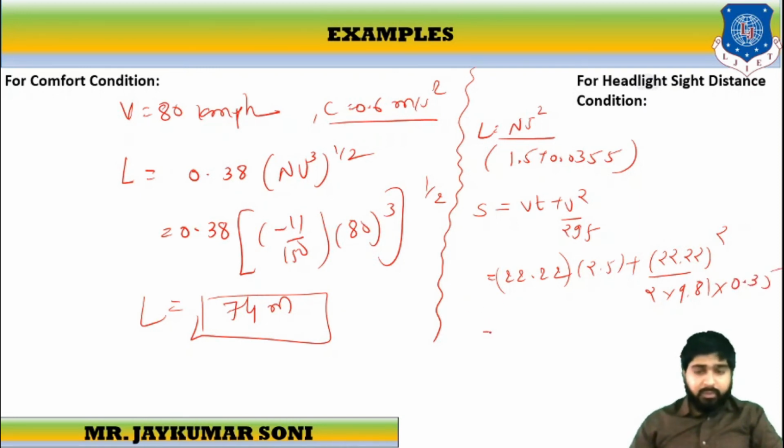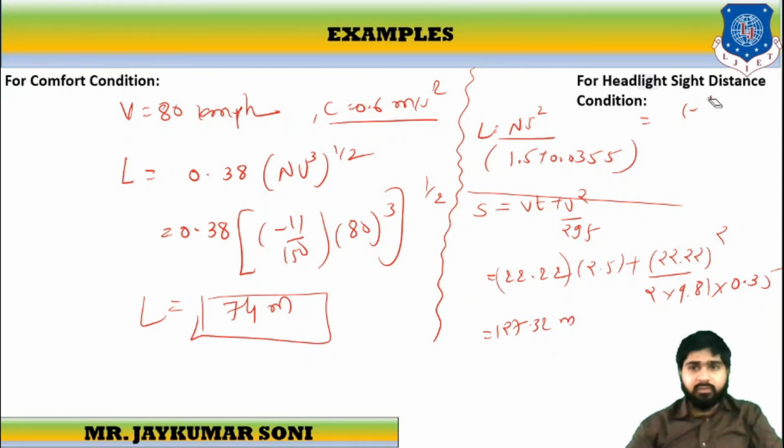So the value will be 127.32 that we have calculated in the previous example. Let us put it over here. N is minus 11 by 150. S is 127.32 whole square.